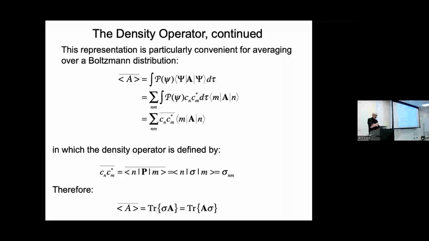But what this means in practice is we don't care about the wave functions so much, we care about sigma. So we'd like to have an evolution equation for sigma, because if we knew sigma at each point in an NMR experiment, here's our recipe.